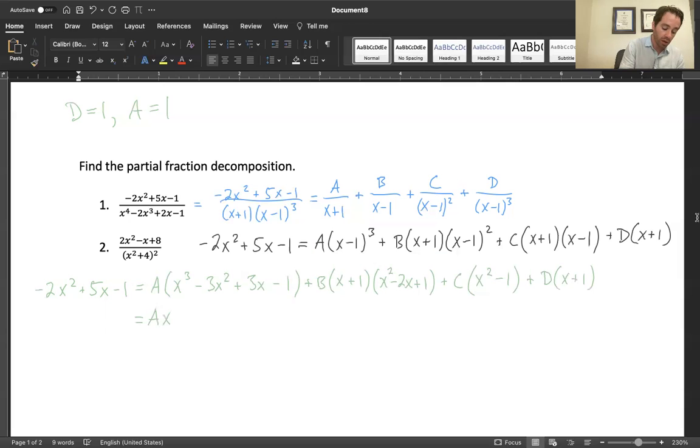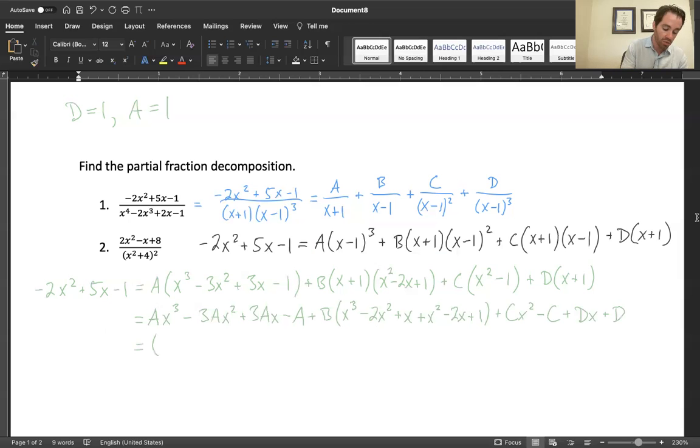I'll write them all out for now. ax cubed minus 3ax squared plus 3ax minus a plus b times x cubed minus 2x squared plus x squared minus 2x plus 1 plus cx squared minus c plus dx plus d.